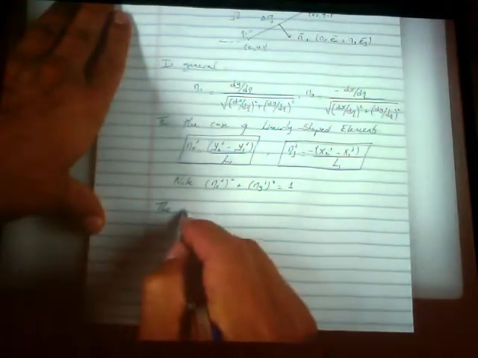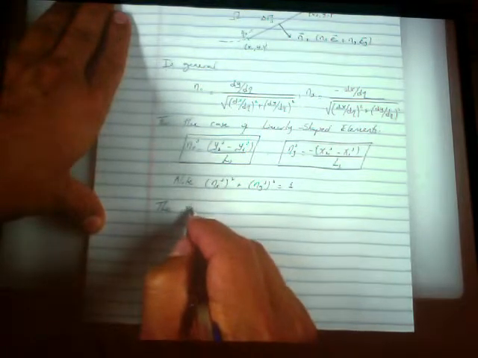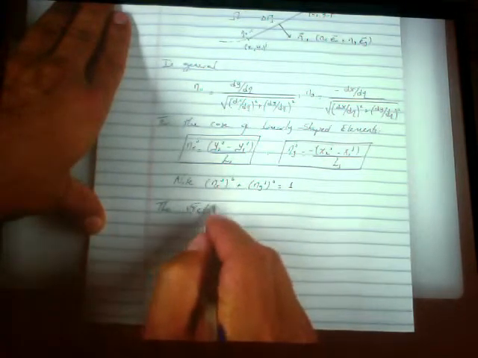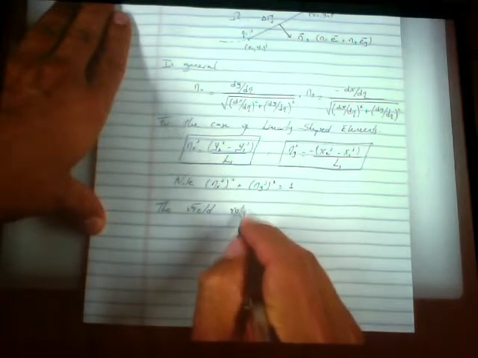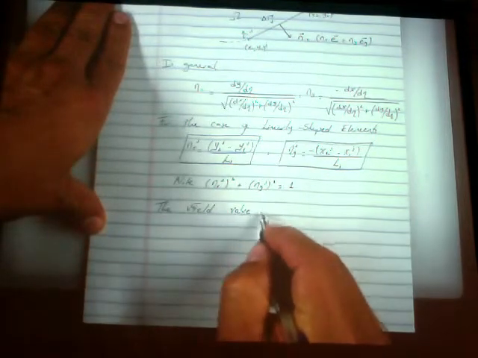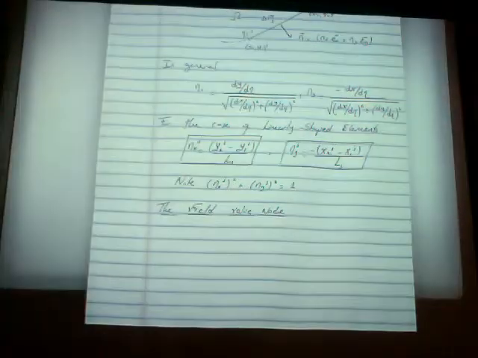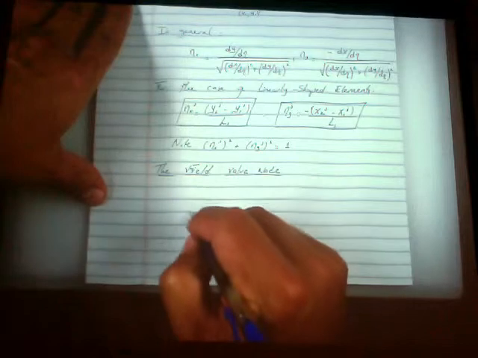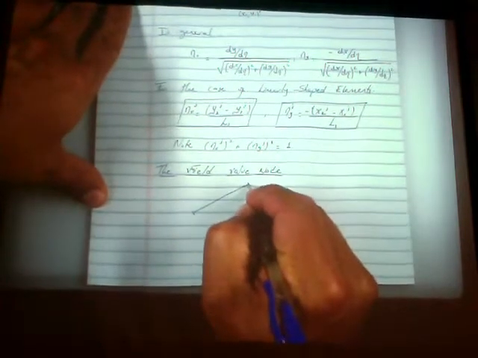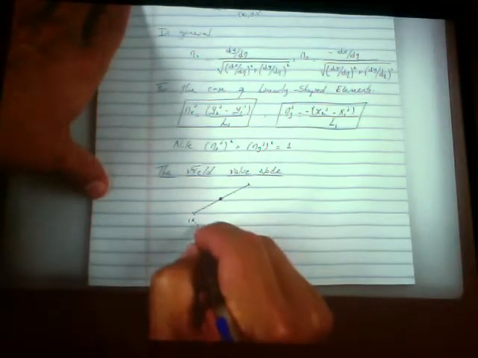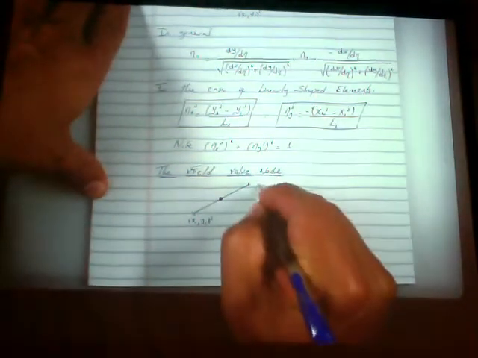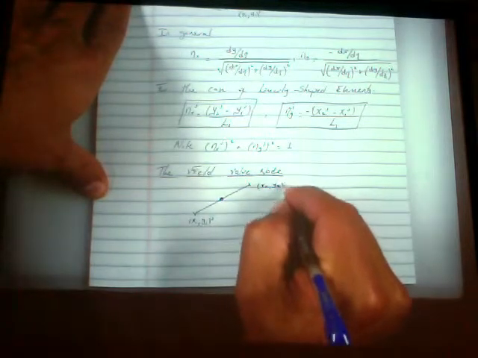The field point, or the field value node. Remember, we're talking about subparametric elements. And subparametric elements have a node in the middle. So this is x1, y1, j. This is x2, y2, j.